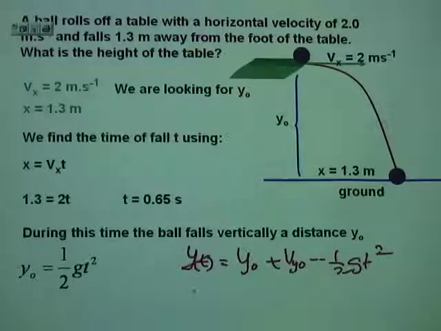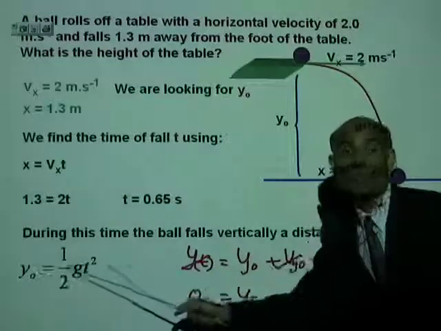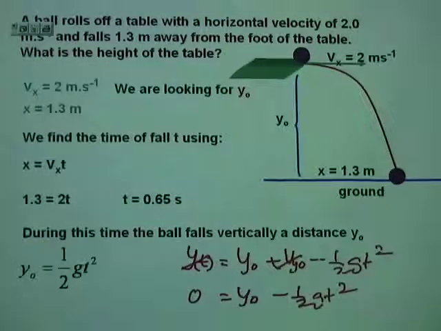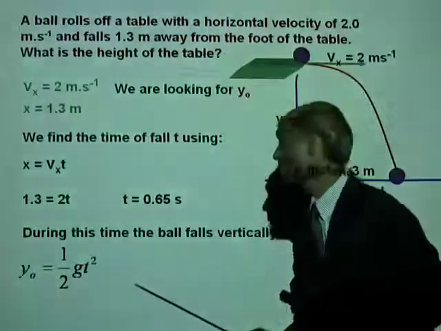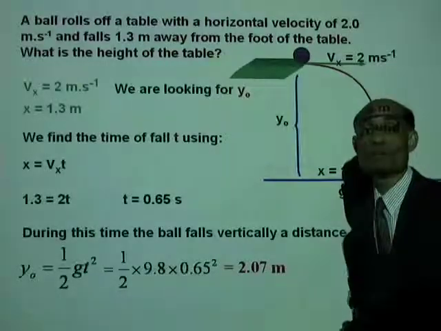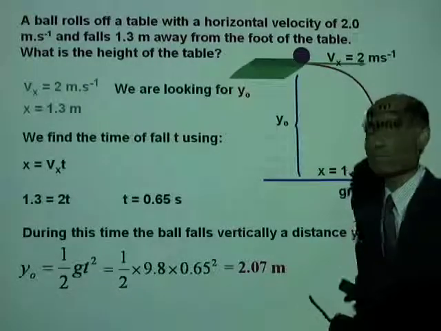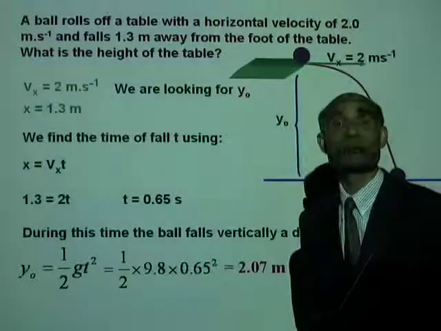So I could write 0 equal to y0 minus 1/2 gt squared. Rearranging this gives you y0 equal to 1/2 gt squared. We know the value of g, we know the value of t. Therefore, y0 is 2.07 meter. The height of the table is 2.07 meter.